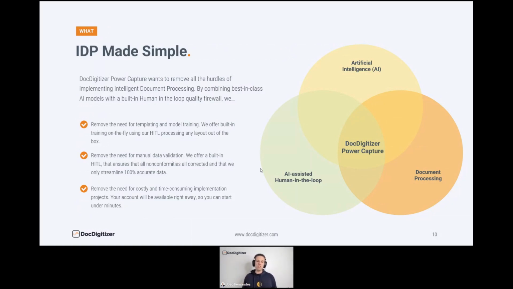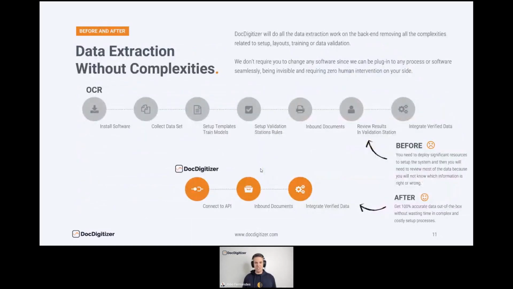This also removes the need for having delays on the implementation. So we are able to open a DocDigitizer subscription in a few minutes, okay? And this means that you can start right away inbounding documents and getting back data without spending time in setup.